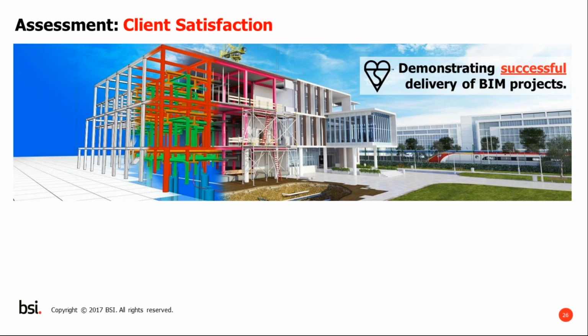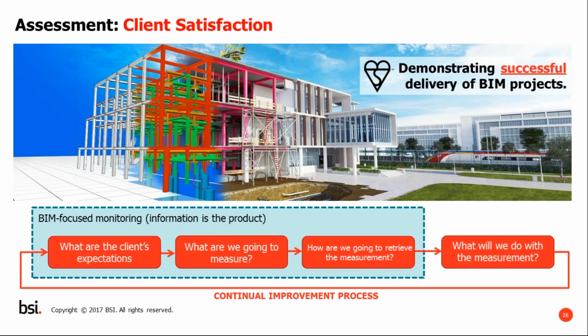And what an organization must demonstrate is that you are being proactive in defining what your clients' expectations are. So how are they defining success in the project, or what they're looking for in the product within the asset management.